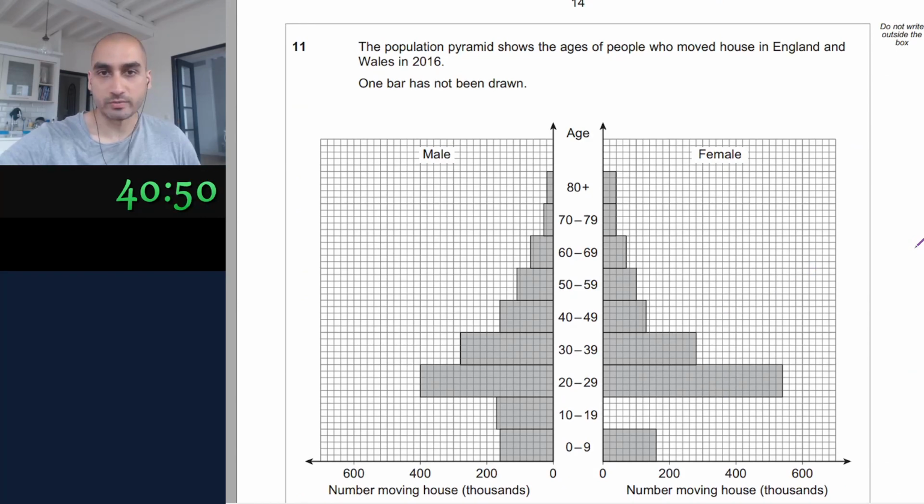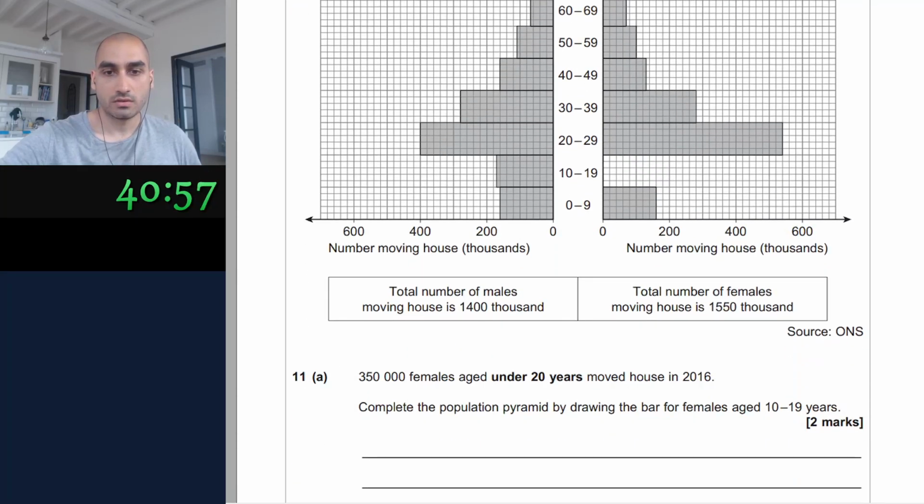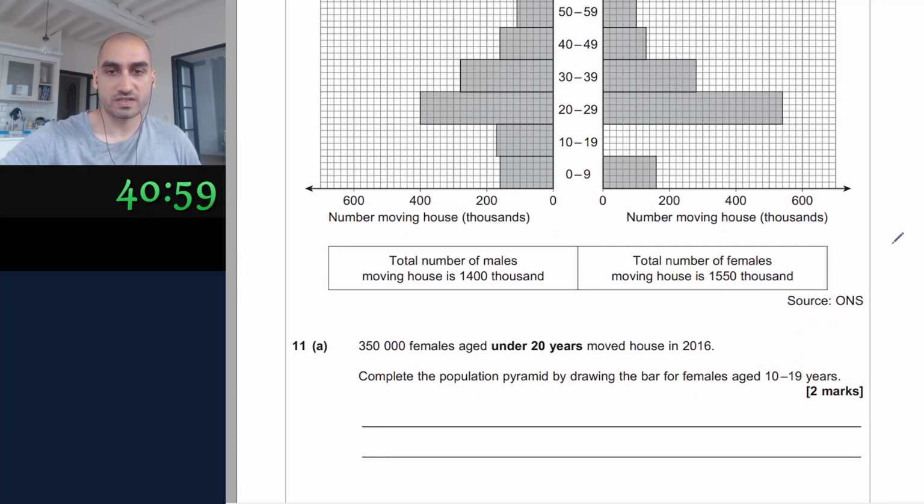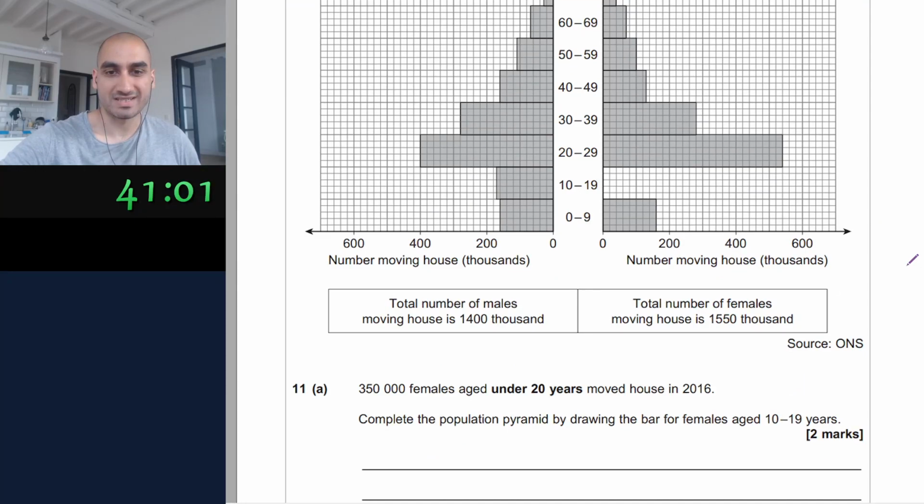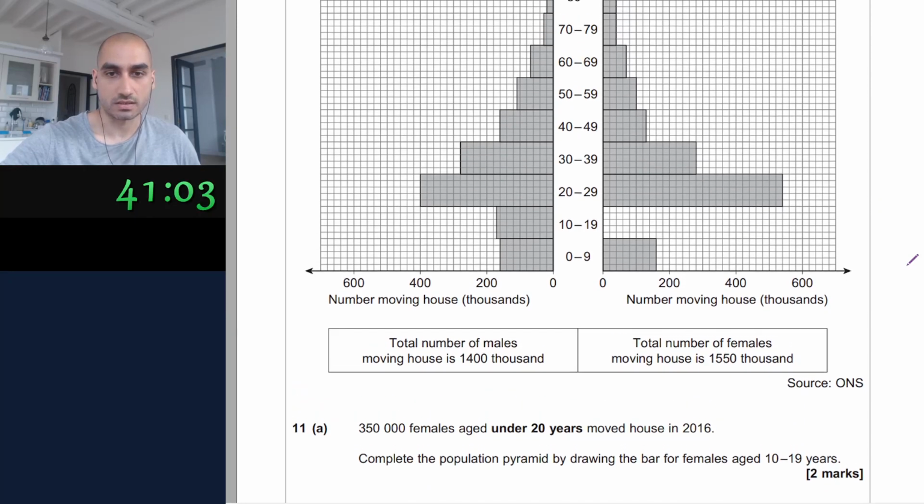The population pyramid shows the ages of people who moved house in England and Wales in 2016. One bar has not been drawn. 350,000 females aged under 20 years moved house in 2016.